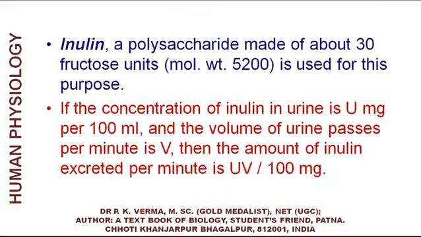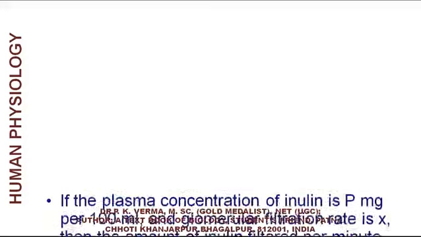If the concentration of inulin in urine is U milligram per 100 ml and the volume of urine passed per minute is V, then the amount of inulin excreted per minute is UV by 100 milligram.